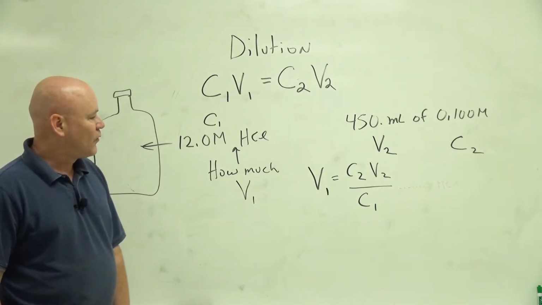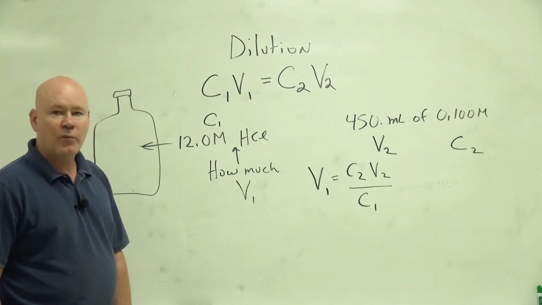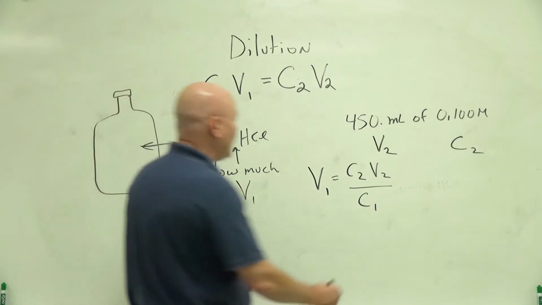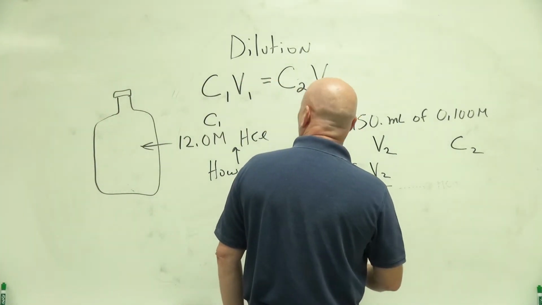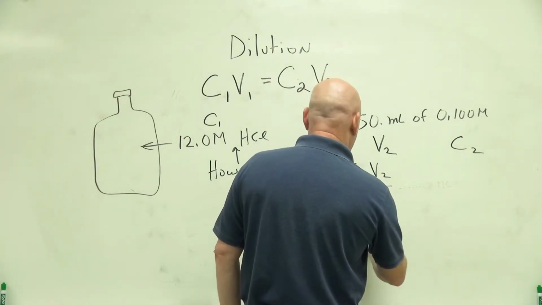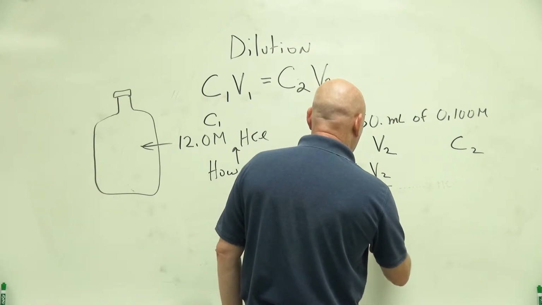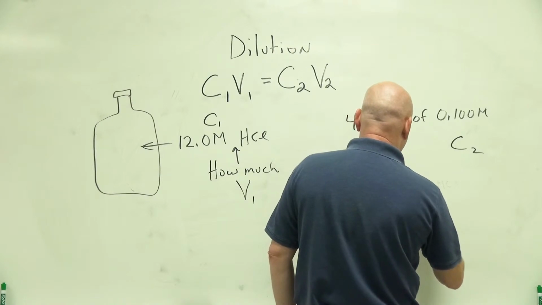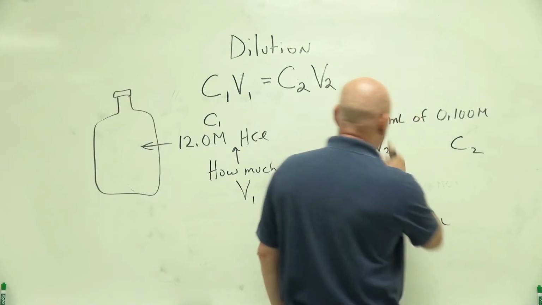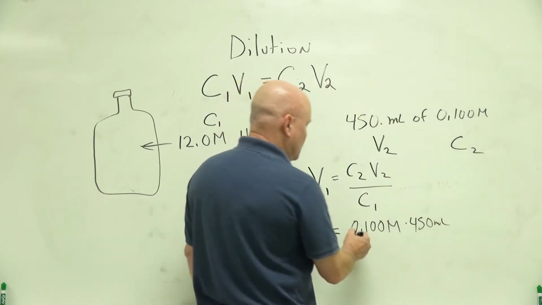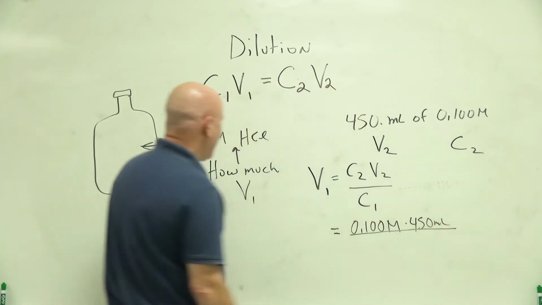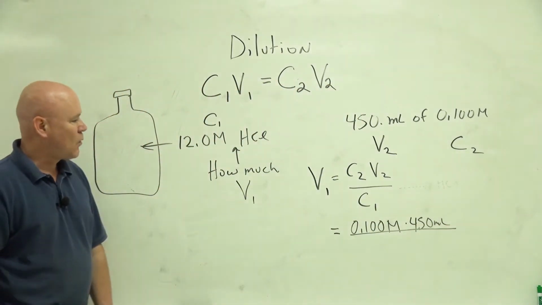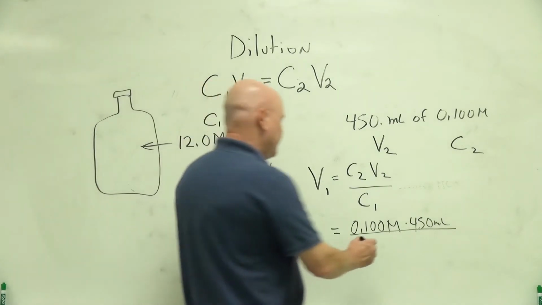So all that's left to do right now is to go ahead and just put in our numbers that we have, and we don't have to do anything to the numbers. We can use them as they are. And so let's see, 0.100 molar for C2, and we got 450 milliliters for V2, and then that's all divided by our first concentration, which was 12.0 molar.